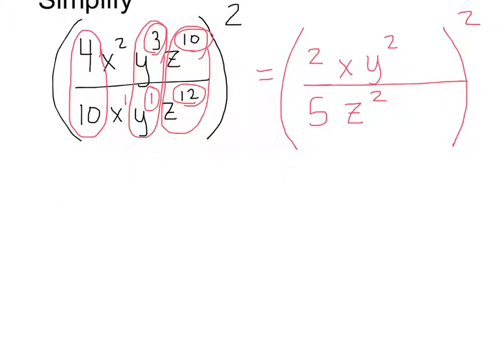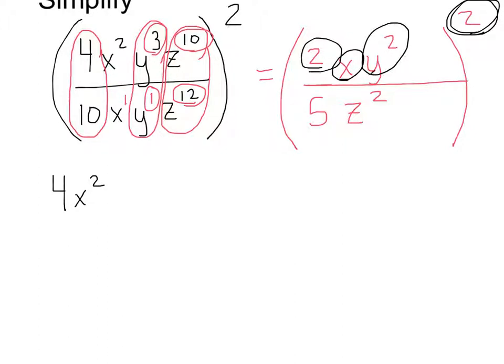Now what we need to do is take everything that's inside the parentheses here, and we need to square it. So let's do that. I've got 2 squared. What is that? 4. And then I have x squared, right? And then y squared being squared.